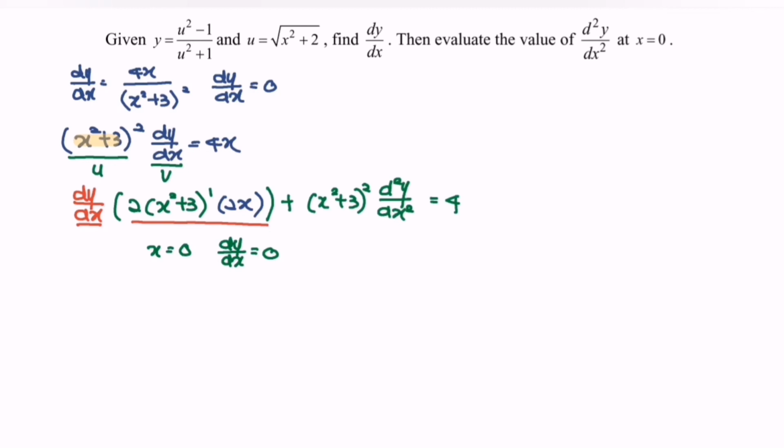Continue. We will have 0 squared plus 3 bracket squared for the second derivative, which equals 4. So we will have the second derivative equals 4 over 9.